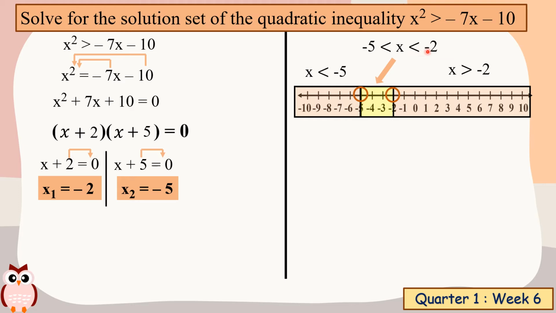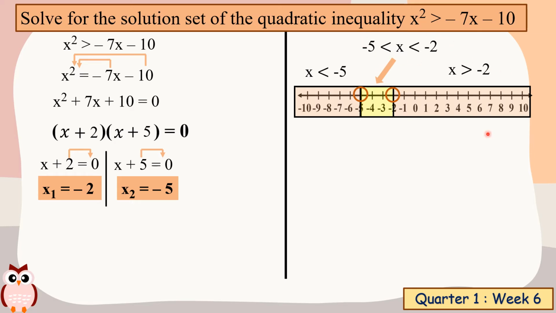Mababago lang po ay yung dalawang integers na nandito sa kaliwa at sa kanan. So we already wrote the inequality of the given graph. Again, ang magiging solution set ng ating quadratic inequality is either yung union nitong nasa kaliwa at nasa kanan, or itong nasa gitna na ating graph.